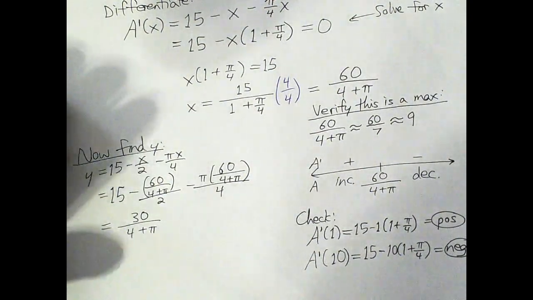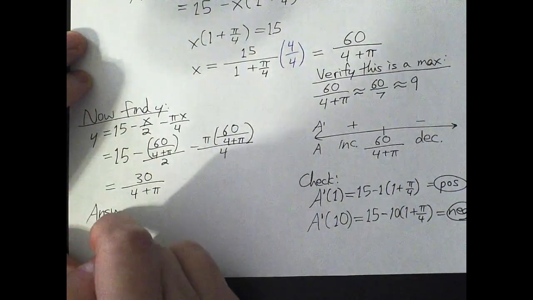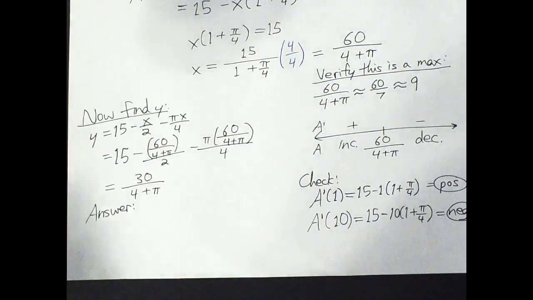All right, finally, we can write the answer. Answer. The dimensions of this window. You can look back at the diagram and say, yeah, we found x, we found y. How should we write this? You know what we can do?